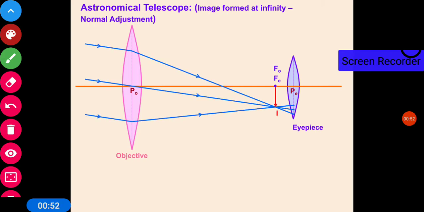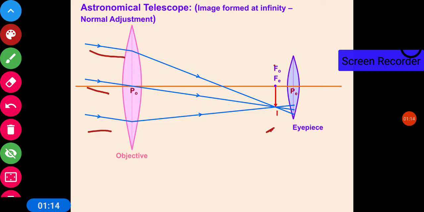Now, the rays coming from the far off objects are supposed to be parallel to each other. So, now these parallel rays, after refraction from the objective, meet at a point which is the focus of the objective, denoted by FO.